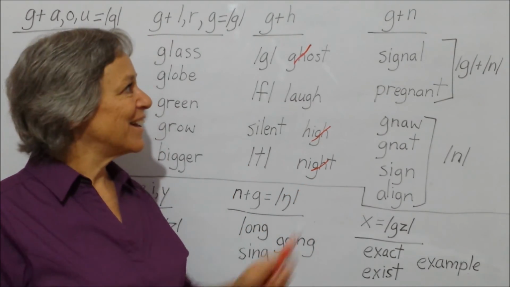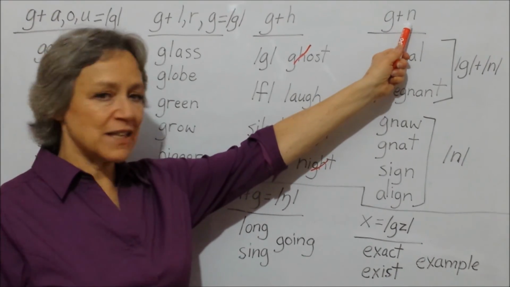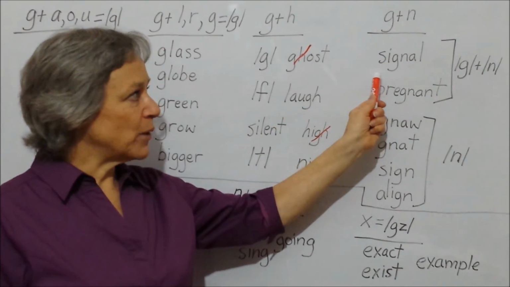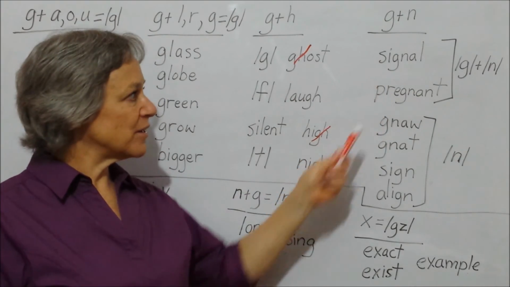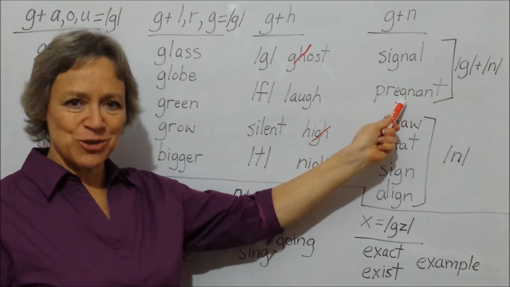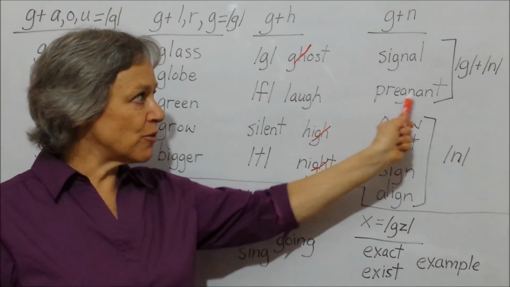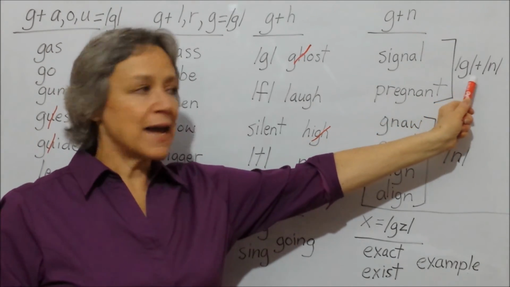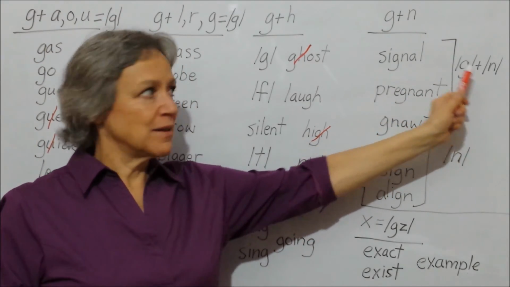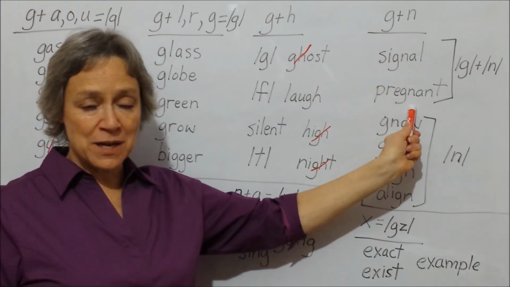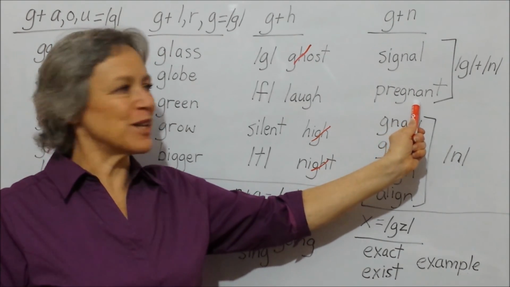Okay? When we have G plus the letter N, in the middle of a word, such as in these two words, we do hear both the G and the N. GN, usually in the middle of a word. Not always, but usually.